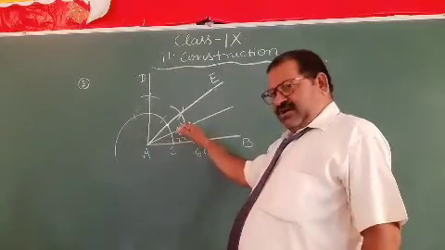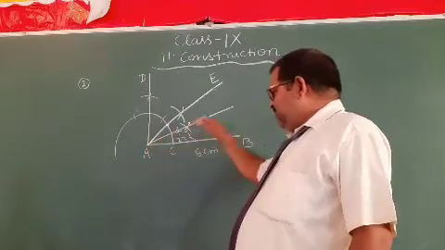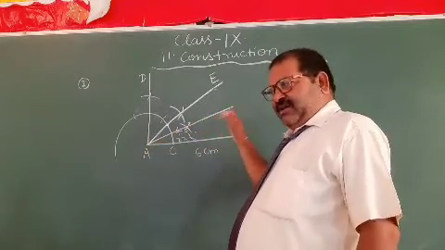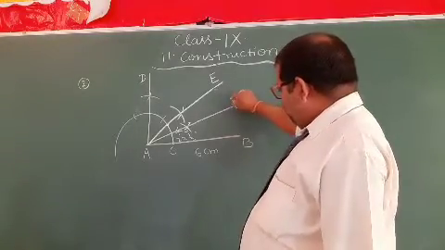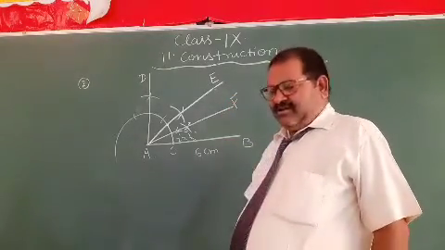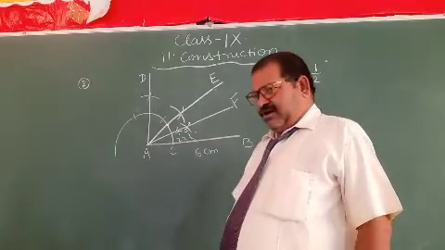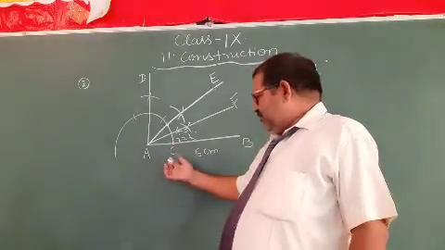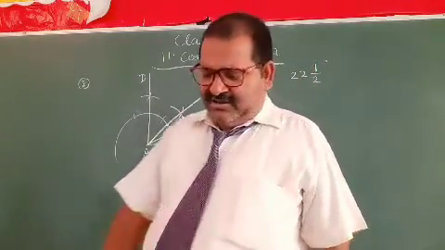The arcs intersect and are joined to the point A and produced to F, and the required angle is 22 and half degree. Therefore, that is the required result. Clear? Thank you.